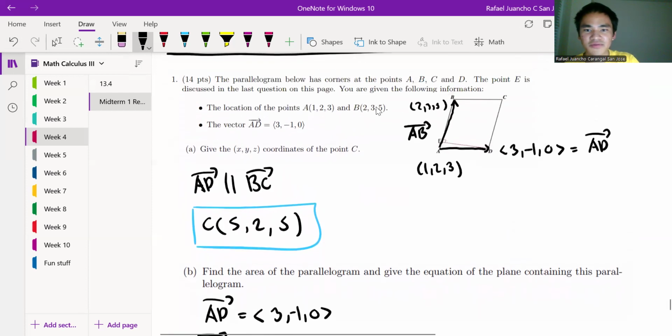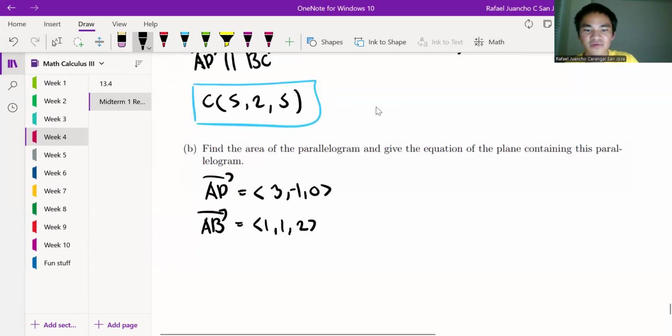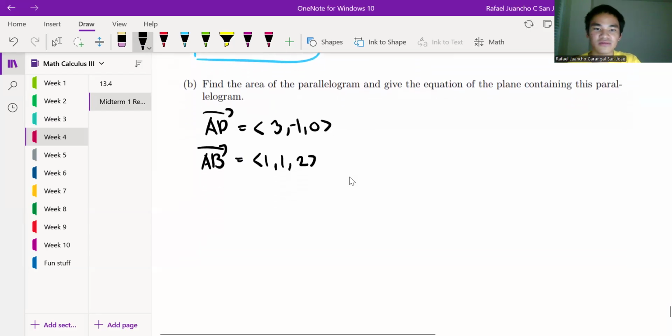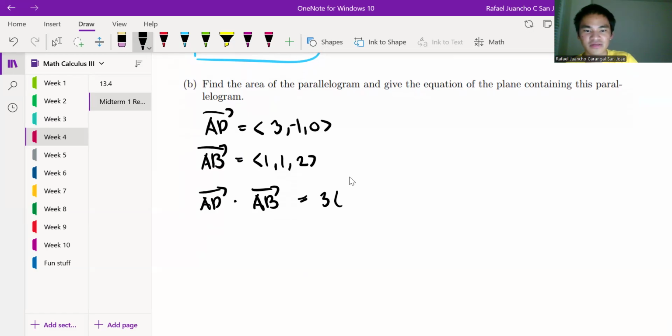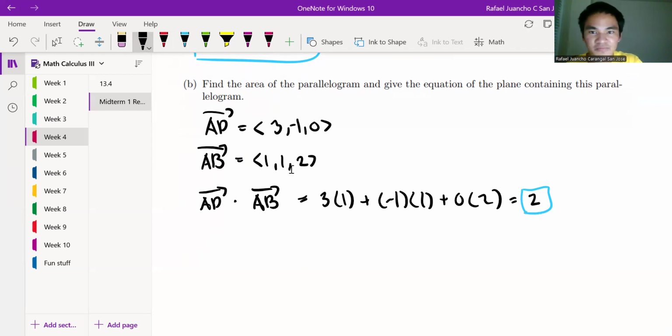And 3 plus 2 is 5. So there we go. I have my two vectors. Now I get their dot product, right? Doesn't matter which one. I don't think so. If I get the dot product of any, doesn't matter. The order, I mean. So we get 3 times 1 plus -1 times 1 plus 0 times 2. Well, I get 3 minus 1, I get 2. So the area of the parallelogram is 2. That's it. As simple as that.